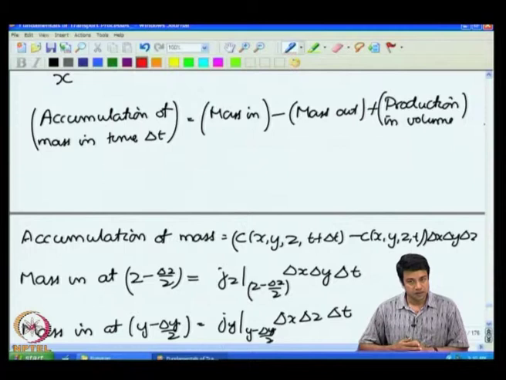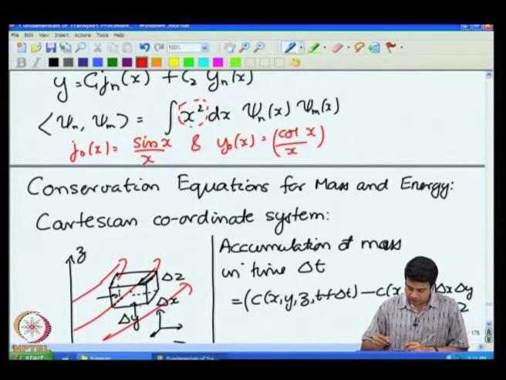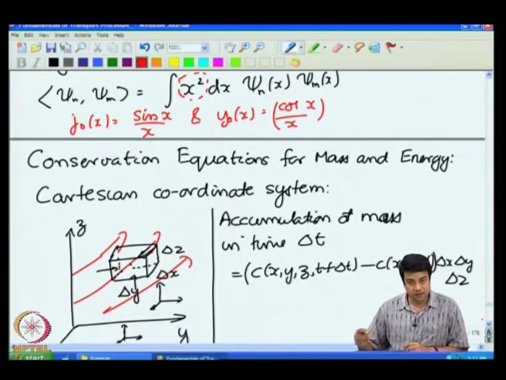The flux is defined at bounding surfaces. We consider surfaces at z minus delta z by 2 and z plus delta z by 2. The flux J z is positive in the plus z direction.